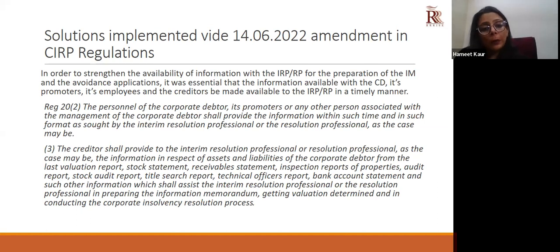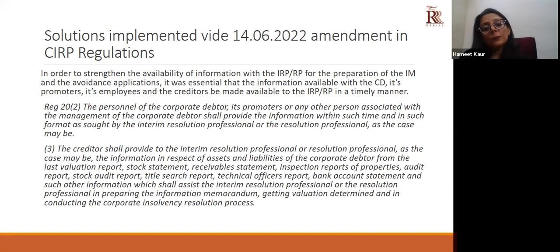So under Regulation 20, Subregulation 2, the personnel, promoters, or any other person associated with the management of the CD shall provide the information within such time and in such format as sought by the IRP or RP, as the case may be. So the responsibility lies on the IRP or RP to seek the information, and the personnel, the promoters and other managerial people are obliged to provide that information under Regulation 20, Subregulation 2.